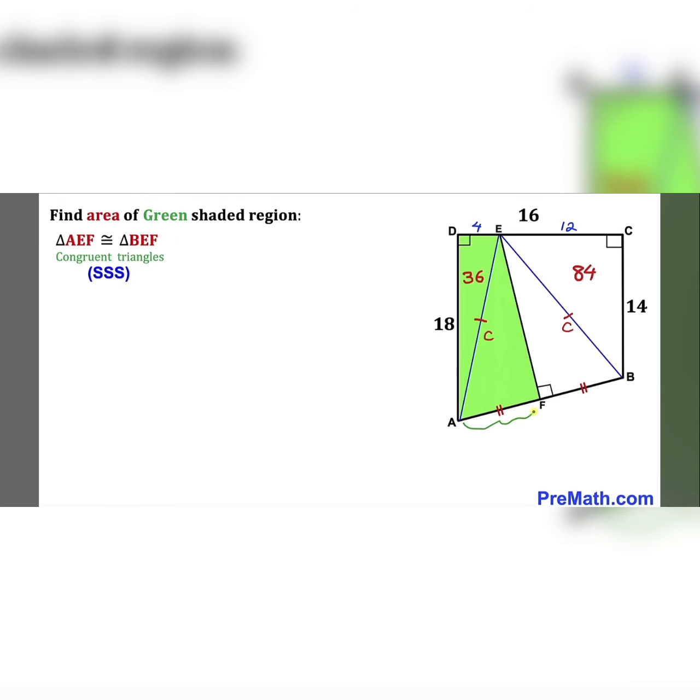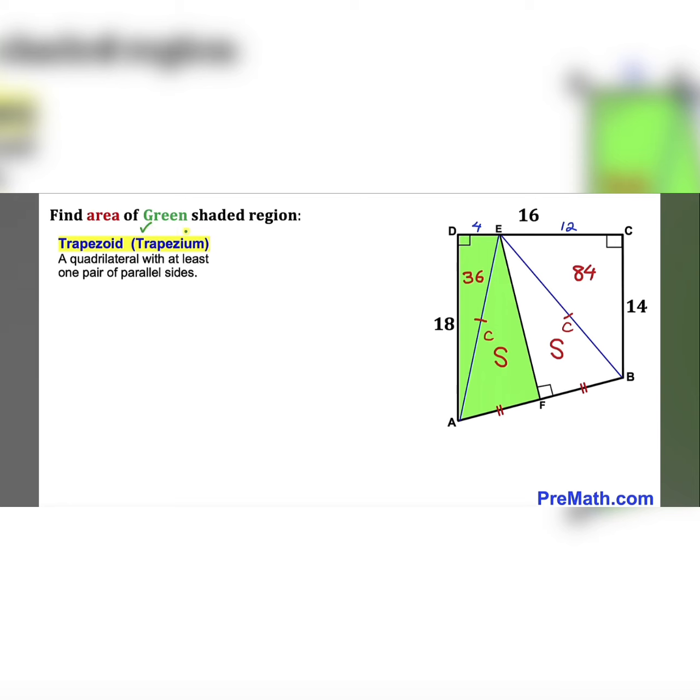Since these two side lengths are equal, these side lengths are congruent, and this side length is in common. So therefore we conclude that their areas are congruent as well. If I call the area of this triangle S, then the area of this other triangle is going to be S as well.